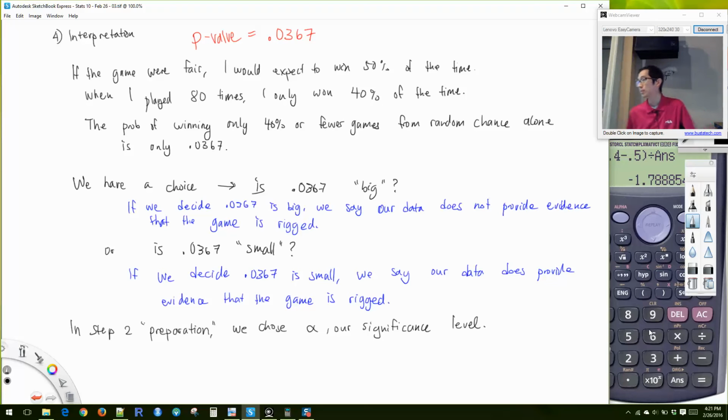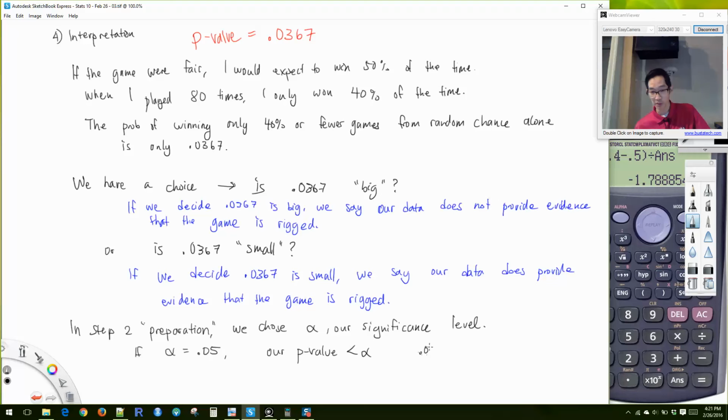Okay, so with alpha, our significance level, what did I say? If nobody says anything about what significance level to use, what's the default value of alpha? 5%, right? So assuming alpha is equal to 0.05, how does our p-value compare to alpha? So our p-value is less than alpha, right?